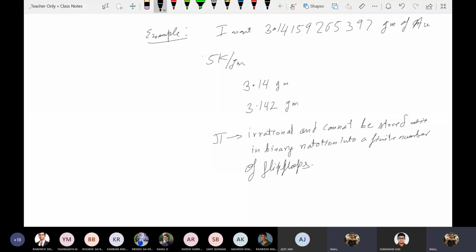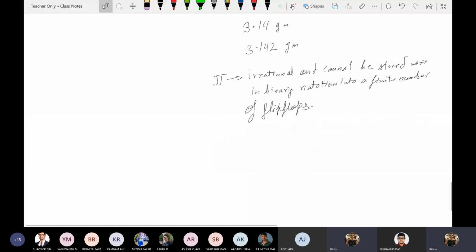I cannot store pi in a flip flop, right? But I can always store 3.142 in a finite number of flip flops using whatever. So you have done encoding decimal numbers.